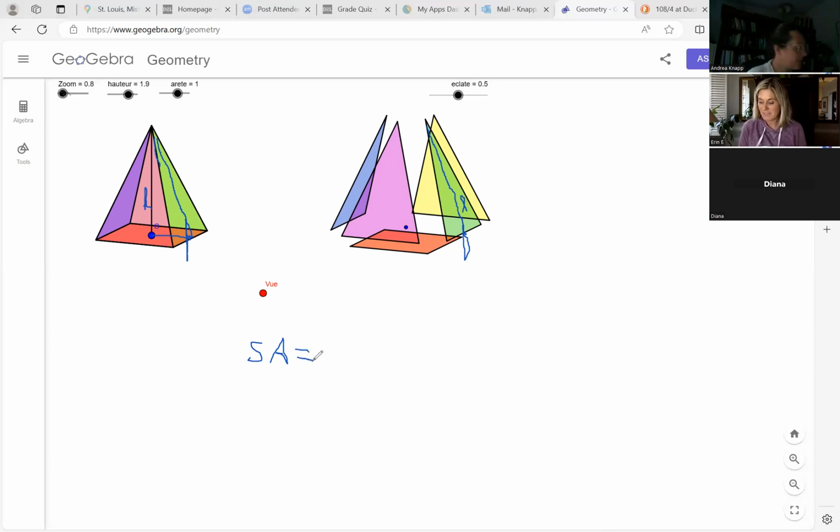I would highly recommend that on your note card for when you take the test, you have that surface area formula written down. Because that is not one that you're going to use in your everyday life. I'm not requiring you have it memorized. But you do want to have it on your note card in case this problem is on the exam.